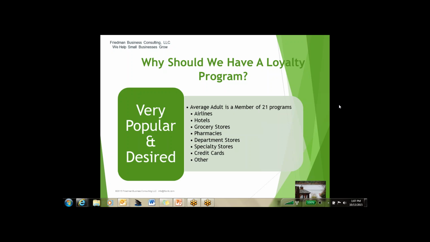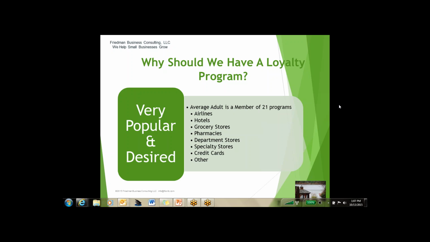When they first put out this stat about 4 years ago, the number was 18. And initially I said, gosh, no, I'm a guy, I'm not a member of 18. And I went through this list because I was just preparing this slide presentation for the first time. And sure enough, I was a member of 18 loyalty programs.